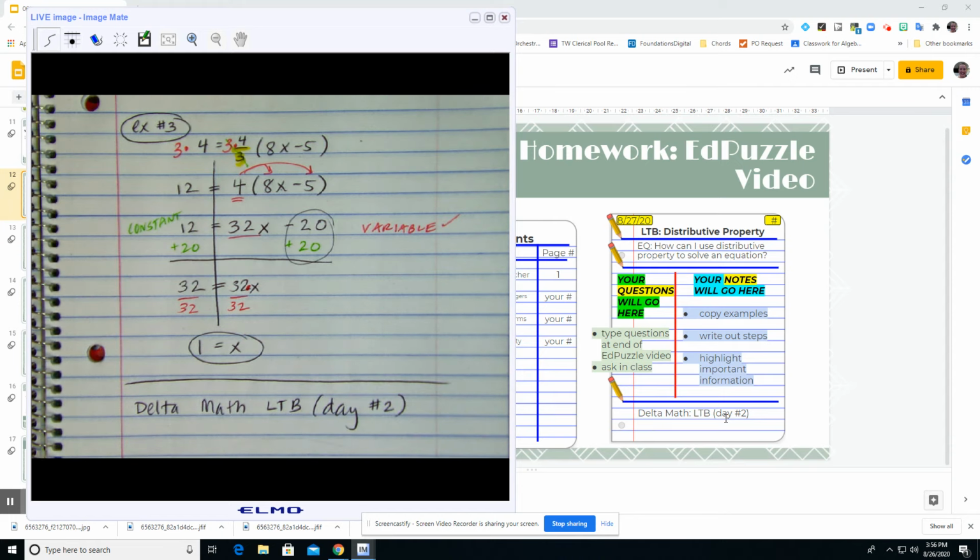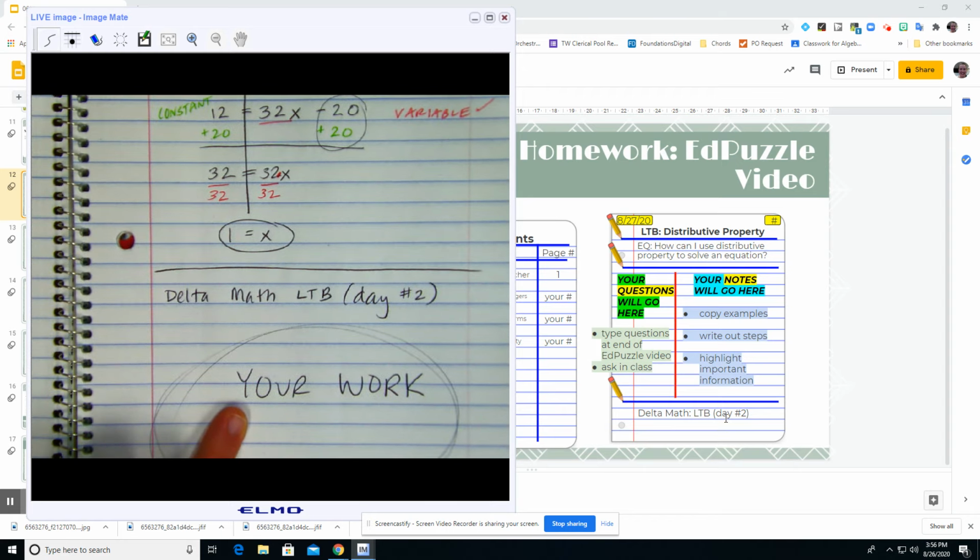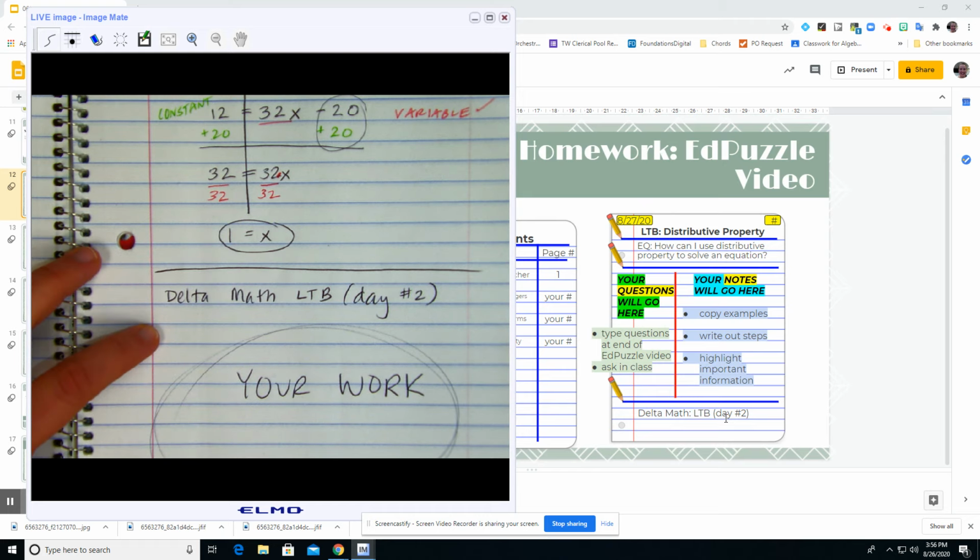Now this is where all of your work should go. And it is important to do this so that you can study your mistakes and also review what you get right to prepare for the test in a few weeks.